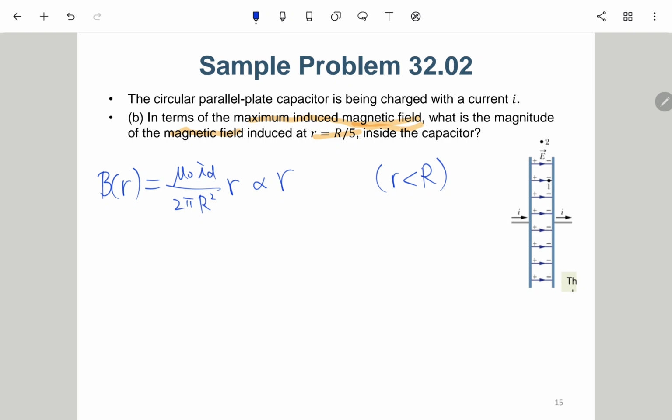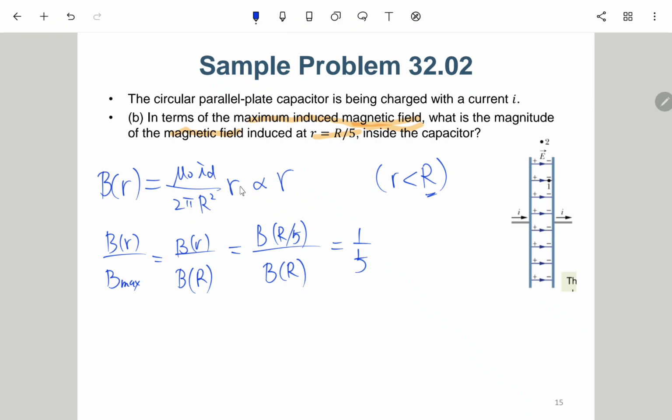So B is maximum when small r is equal to capital R. So B of r over B max is r over capital R. In that case, we take r equals capital R over 5. So B of capital R over 5 over B max will be 1/5, because B is proportional to r.